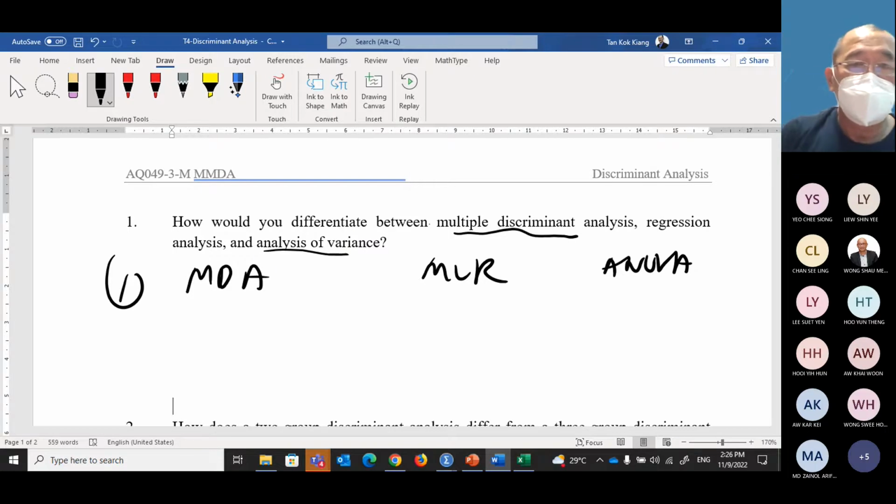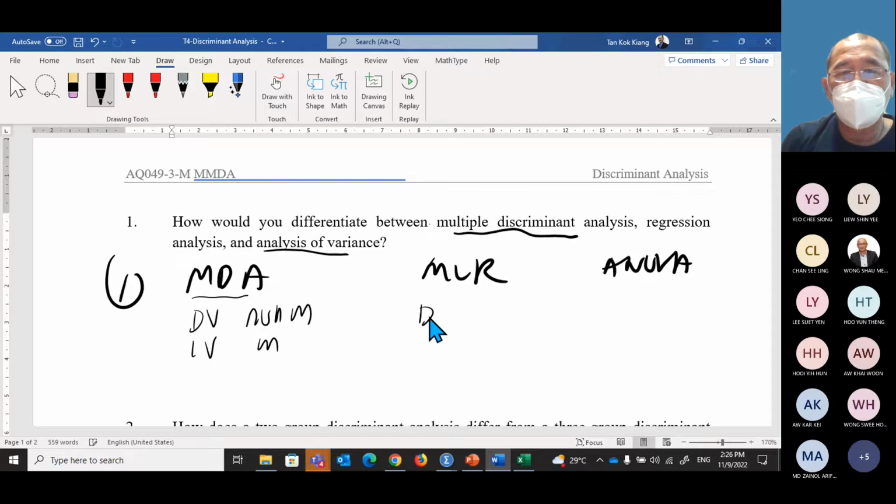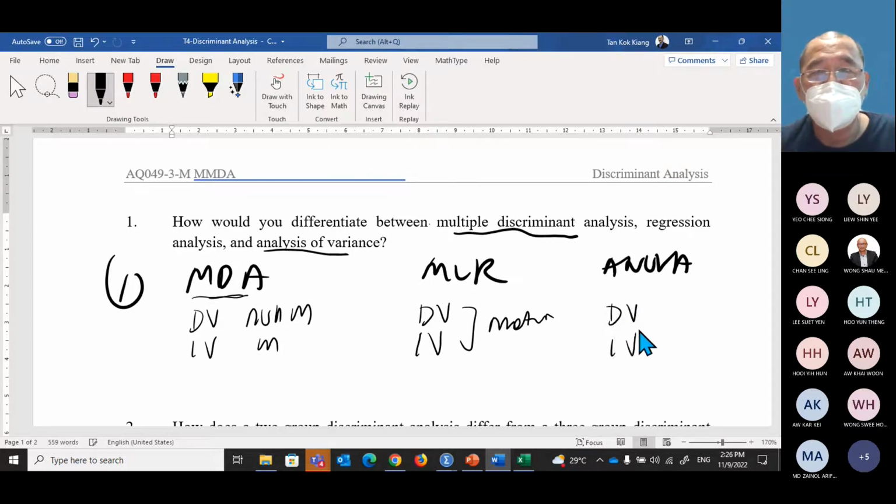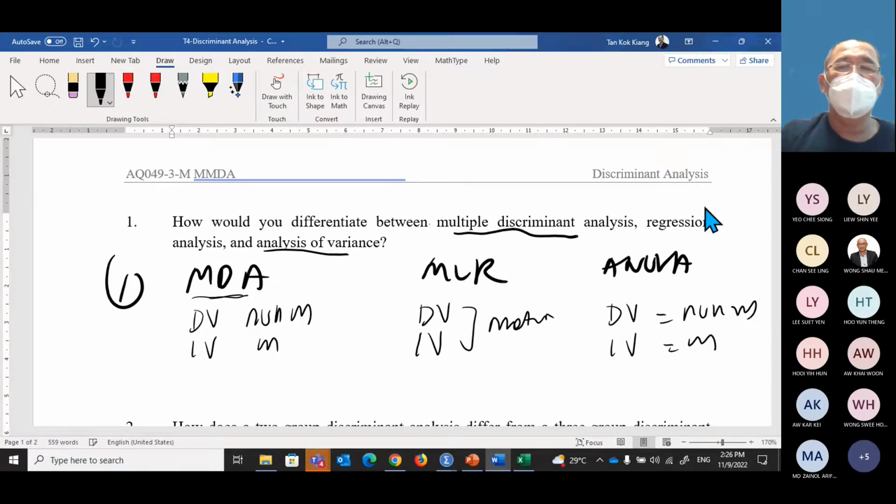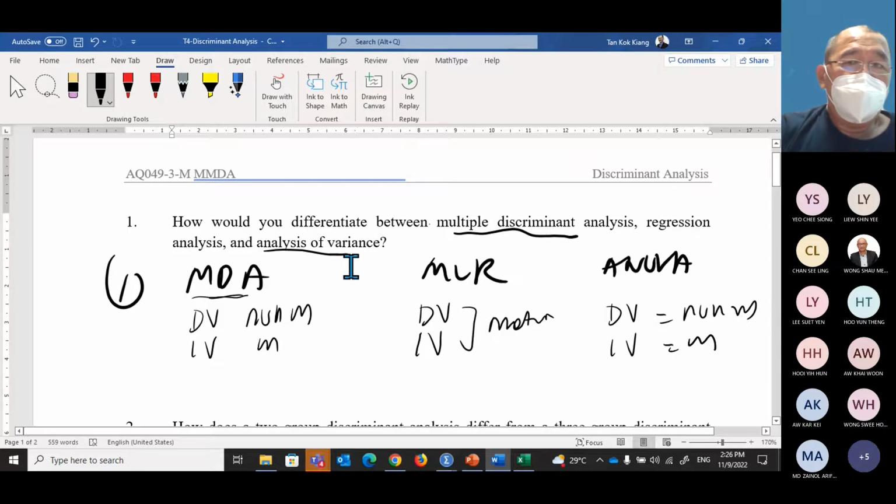For the multiple discriminant, the dependent must be non-metric and the independent must be metric. Multiple linear regression, both dependent and independent must be metric. For ANOVA, it's the same as MDA: the dependent is non-metric and the independent is metric.